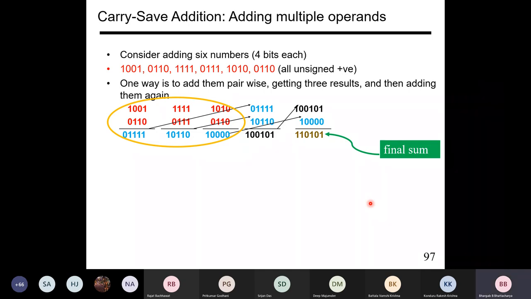I do bitwise sum and bitwise carry, so I get 2 strings, and then later on I add those 2 strings. Do I get the same result? You understand the procedure? I don't propagate carry. What I do is bitwise sum and bitwise carry.